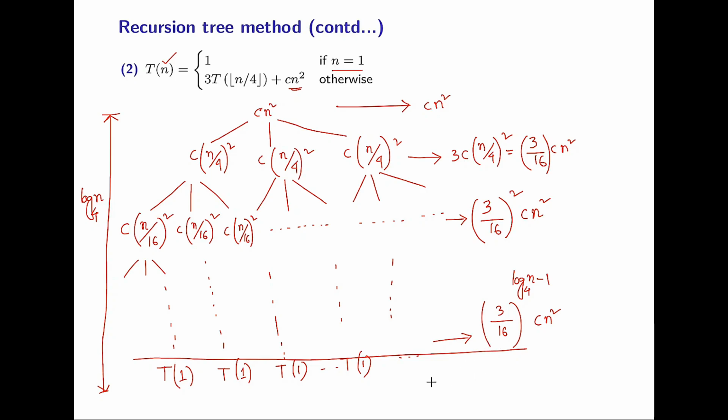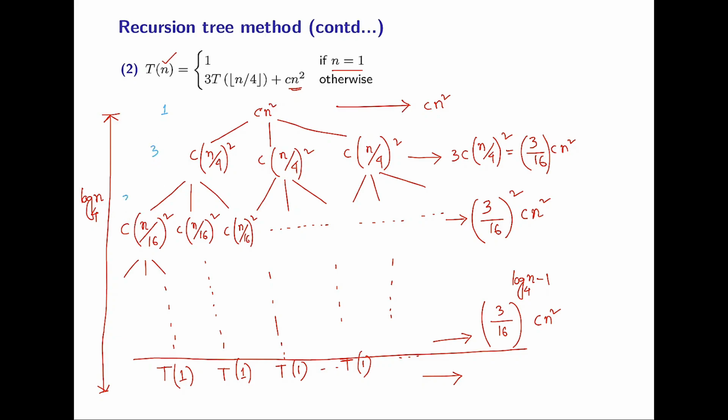Now, what is the cost at the last level? Before that, we need to find out how many nodes are there at the last level. How many nodes are there in level 0? 1. How many nodes in level 1? 3.